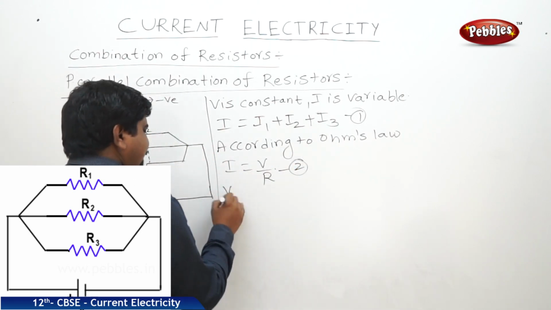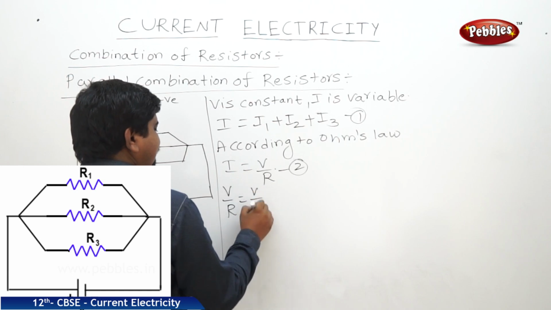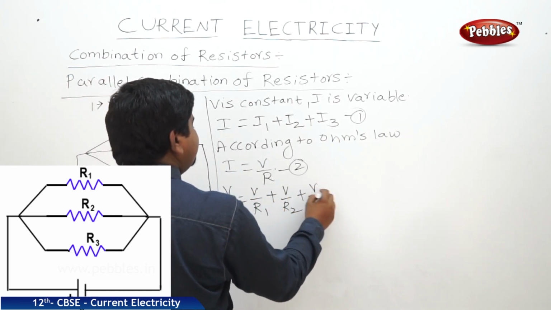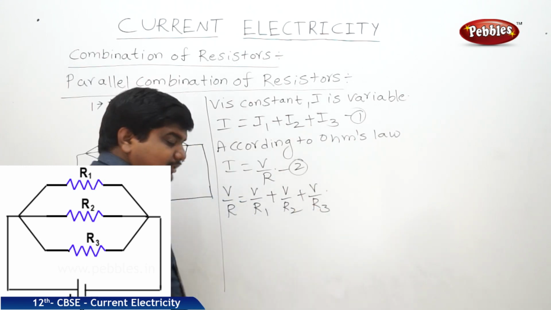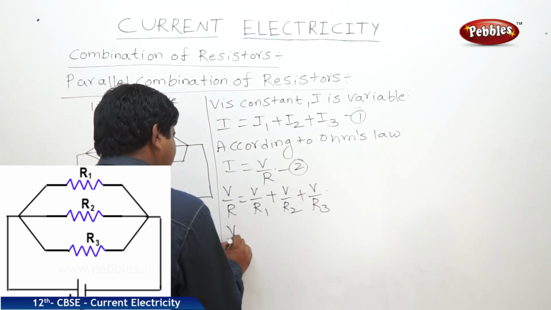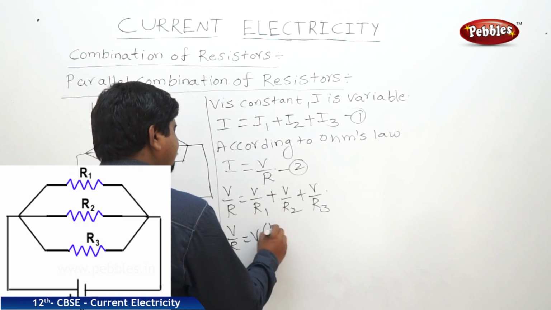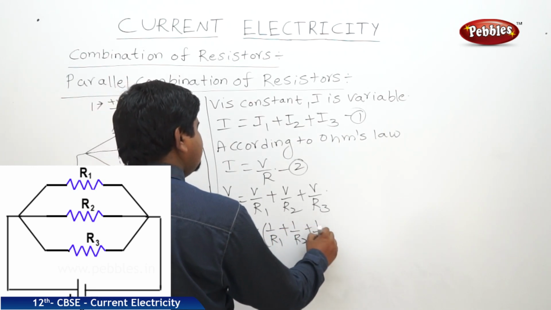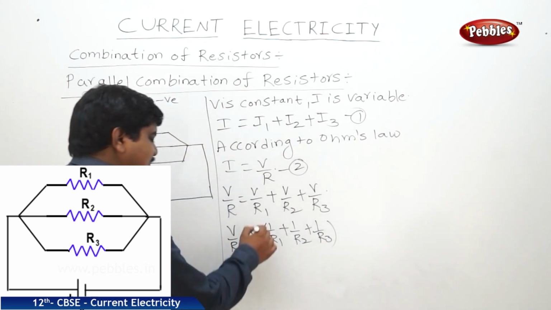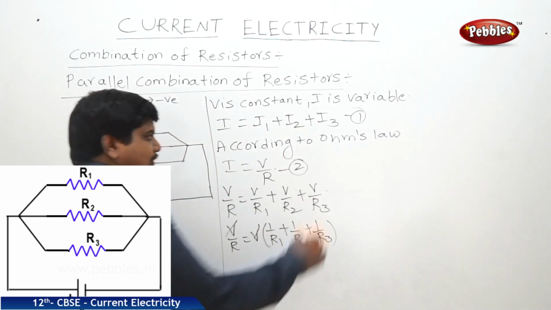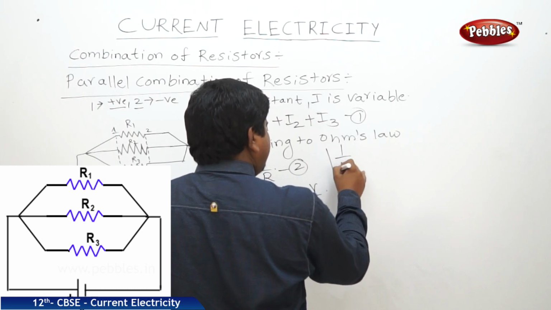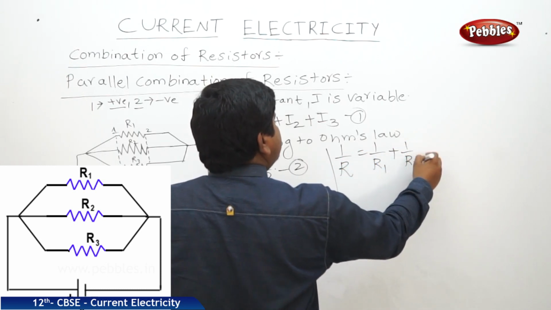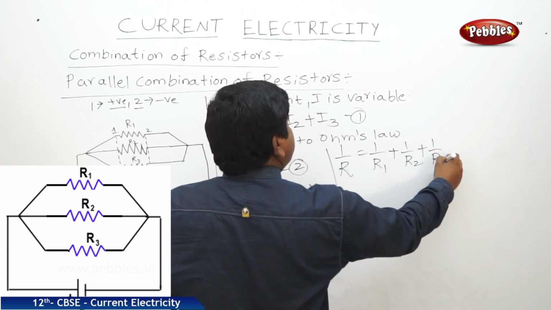Substituting, V by R is equal to V by R1 plus V by R2 plus V by R3. We can take V as common, that means 1 by R1 plus 1 by R2 plus 1 by R3, into V. This V and V get cancelled. So we can write 1 by R is equal to 1 by R1 plus 1 by R2 plus 1 by R3.